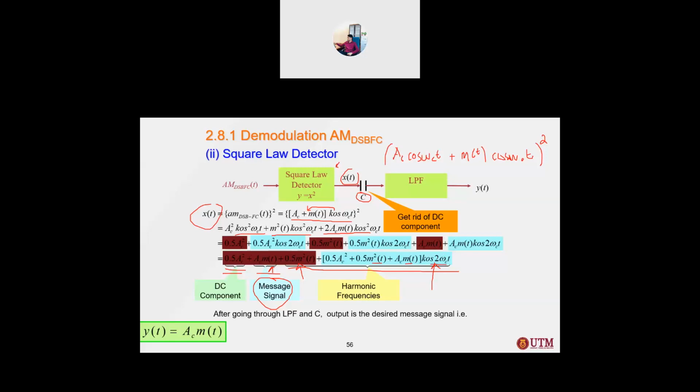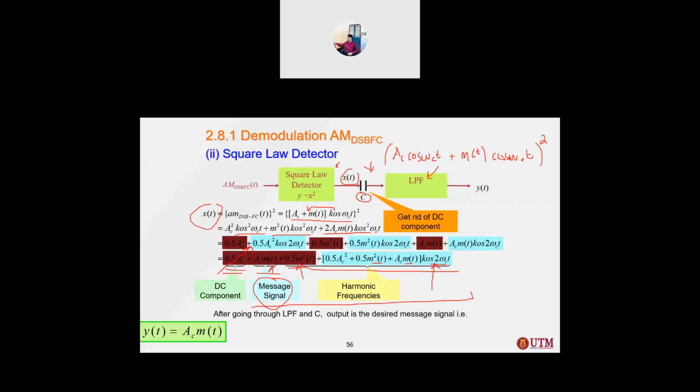After going through the low pass filter, the output is the desired message signal, because this is square and this is getting rid of DC components. So you're getting rid of this DC component. Then you have this one and this one. After the DC blocker, it goes to the low pass filter.